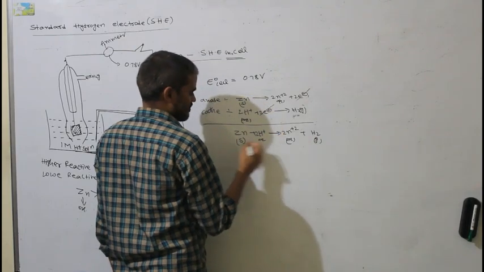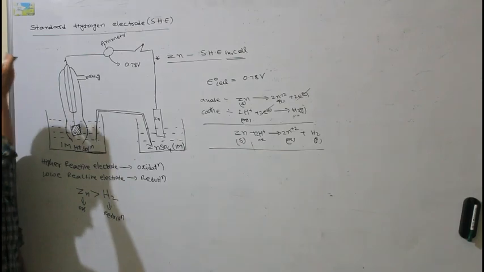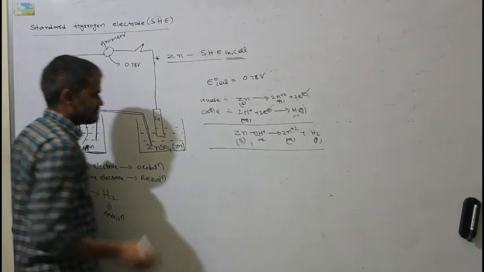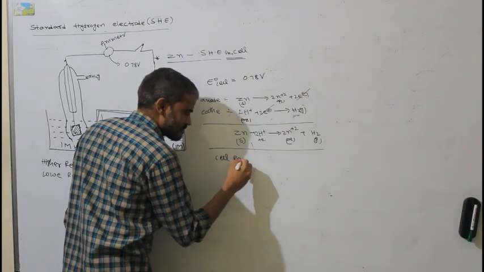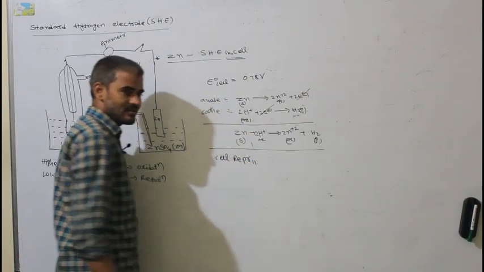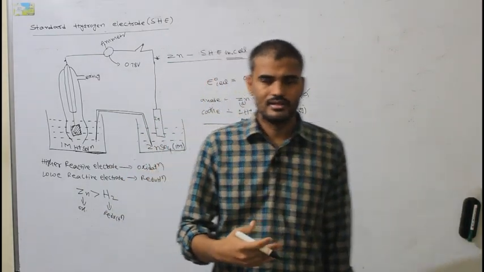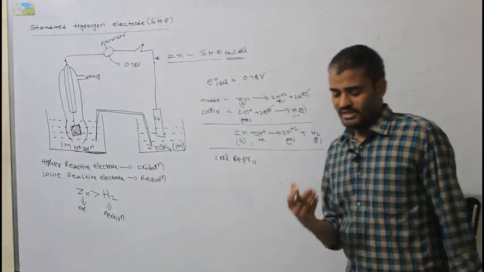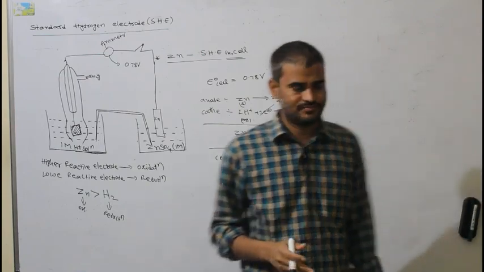This is the reaction. How will you represent it? The cell representation: anode reaction, double slash, cathode reaction. Within the anode and within the cathode, the phase difference is given with a single slash.